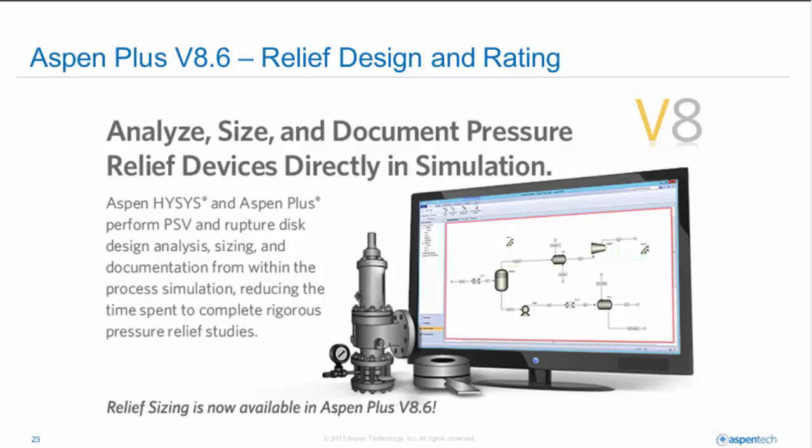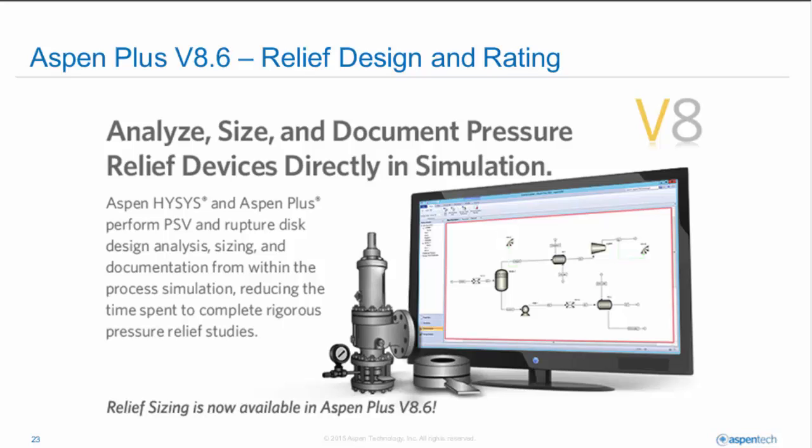More recently, we've added, in the newest release, 8.6, relief sizing and design. We've always had some rigorous pressure relief rating capability in Aspen. What's new is analysis for scenarios like fire and multi-valves, as well as the sizing of the relief valves.